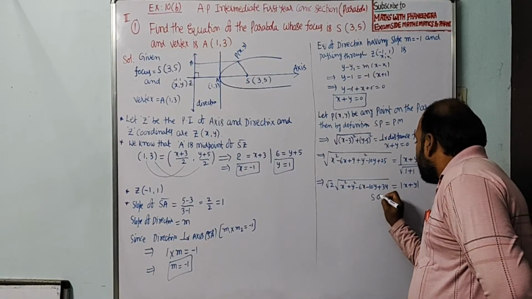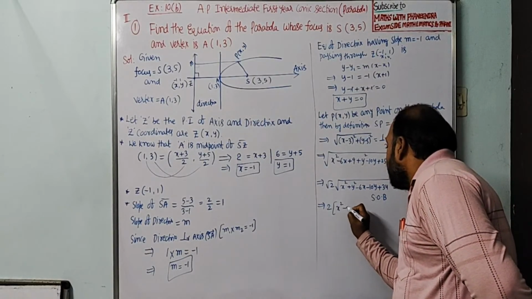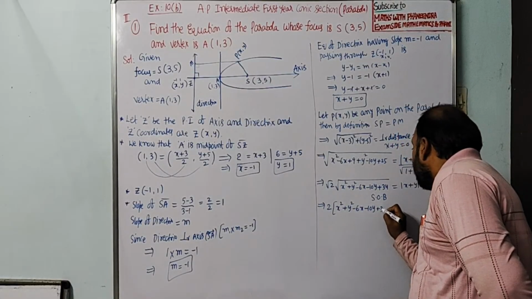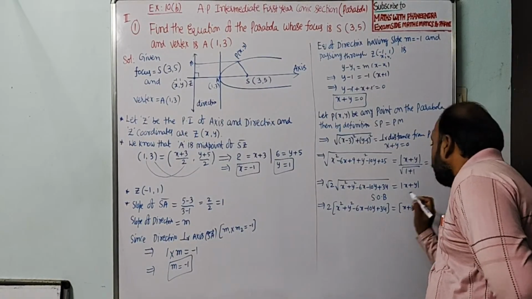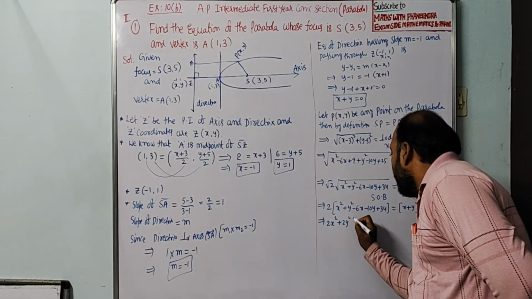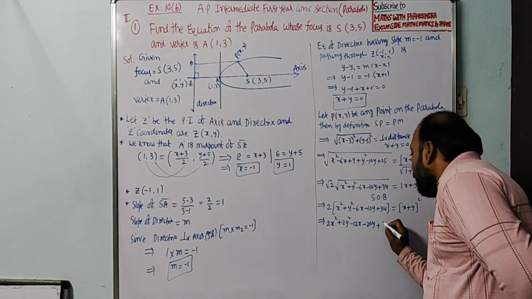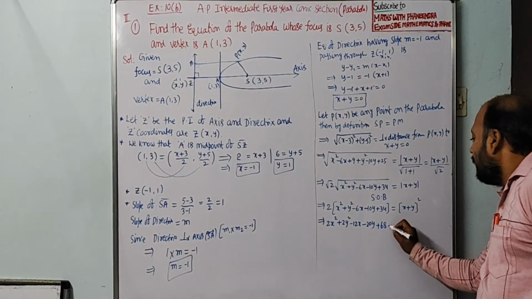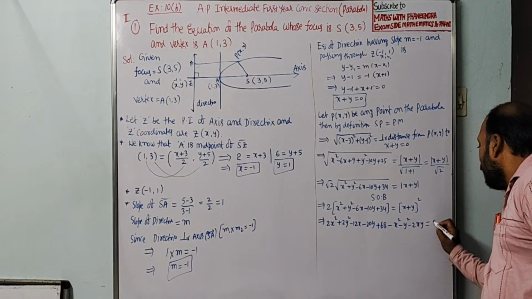Squaring on both sides: 2(x^2 + y^2 - 6x - 10y + 34) = (x + y)^2. So 2x^2 + 2y^2 - 12x - 20y + 68 - x^2 - y^2 - 2xy = 0.